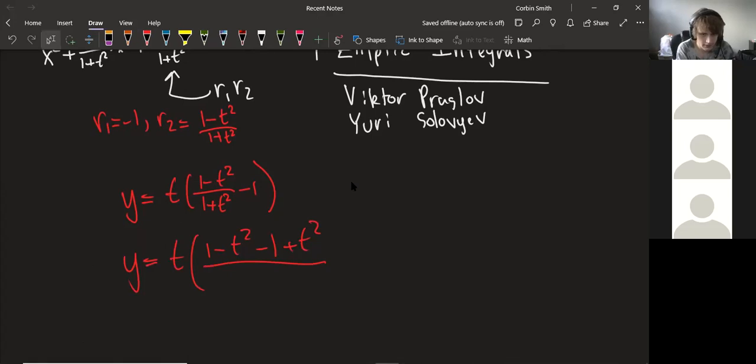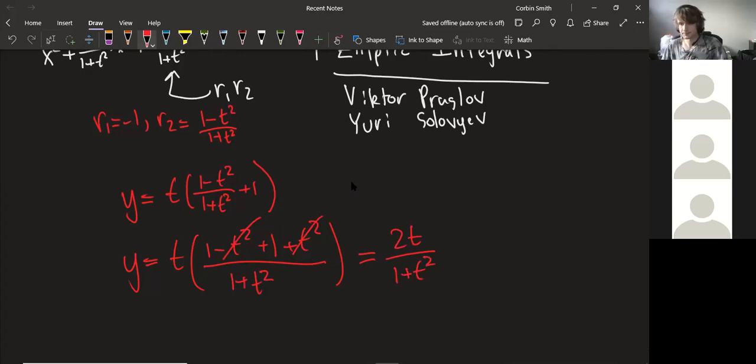Did I make a mistake here? I'm pretty sure I just made an arithmetic mistake. That should be a plus sign. There we go. So yeah, we get a plus right here. And so then the t squareds cancel. So we get y is equal to 2t over 1 plus t squared.